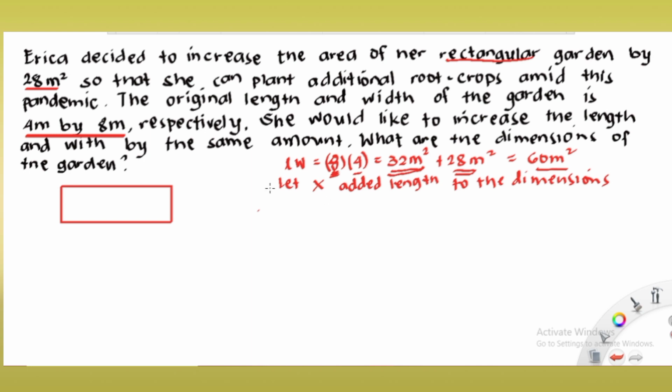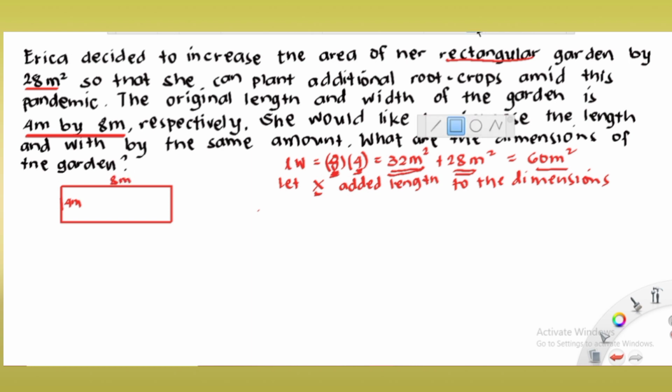So, whatever is the value of x, yun yung idadagdag natin from 8 at ganun din sa 4. So, going back here, so kung ito yung garden ni Erica, if ito ang width, it measures 4 meters. And this is the length, yung mas mahabang part, that is 8 meters.